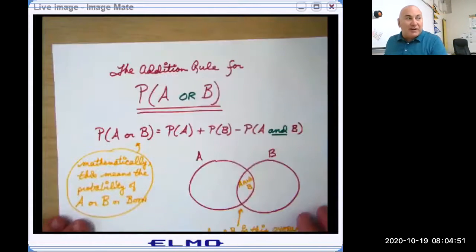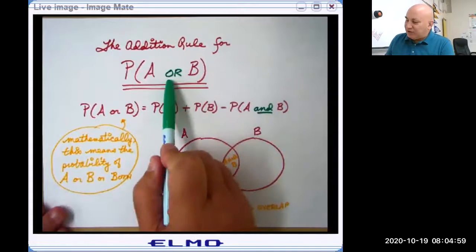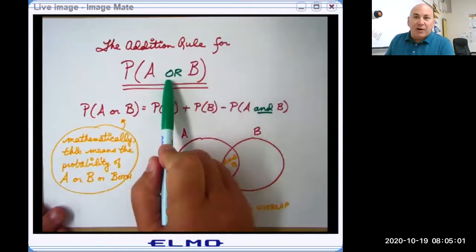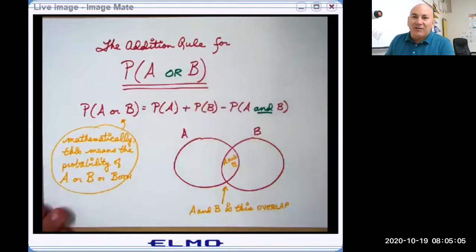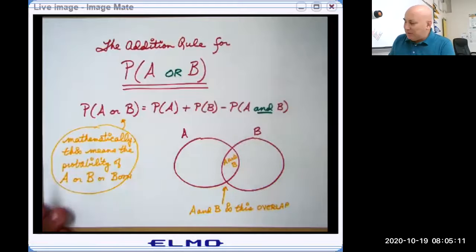Now, in a previous video, we learned the multiplication rule, which was for the probability of A and B. Now we're going to learn the addition rule, which is for the probability of A or B. It is vital that you keep those separate. When we say A or B mathematically, we mean A or B or both.